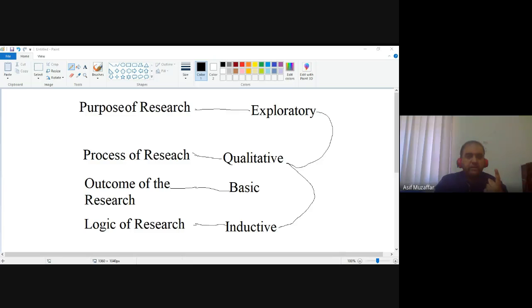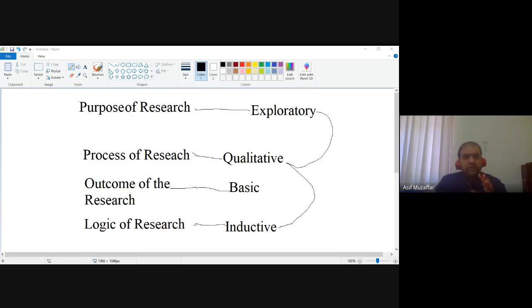Maybe there is a 1% chance that you will have some applied, but even then, you are making a theory. That means it is an inductive approach. Inductive means you take some data, observations, and based on that, you provide a theory. So in any case, it will be inductive for exploratory research.